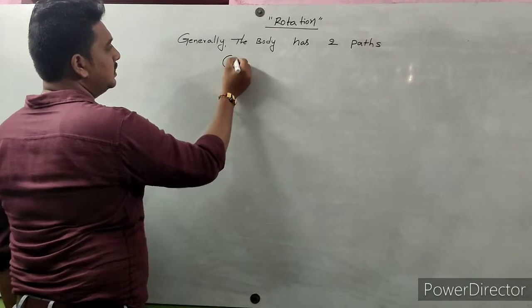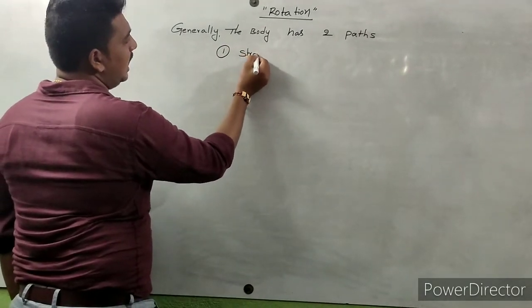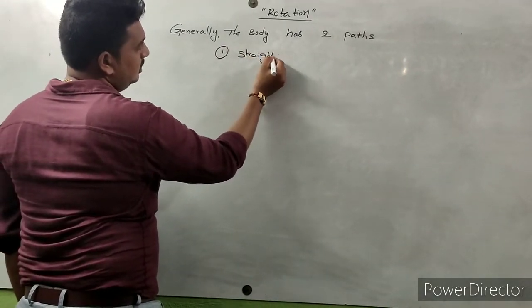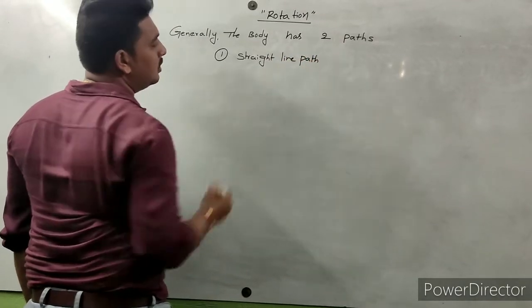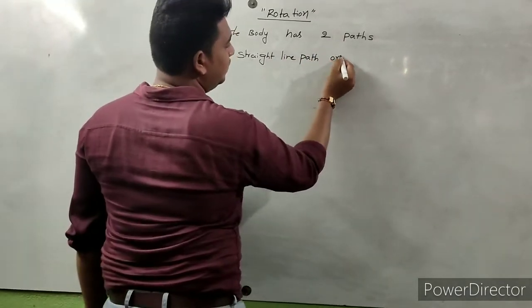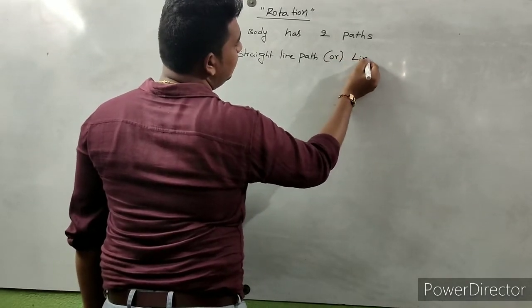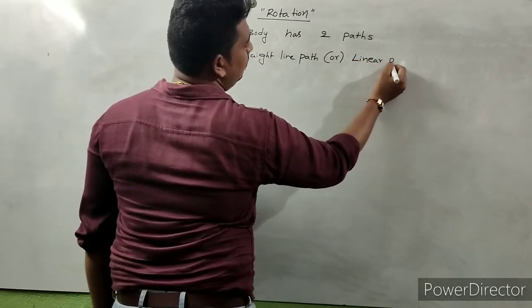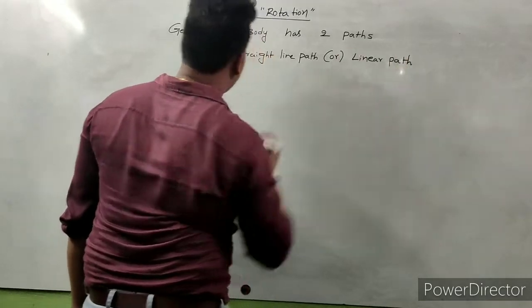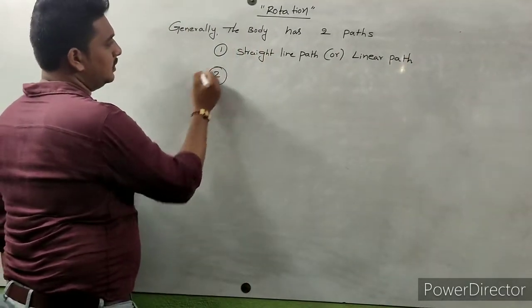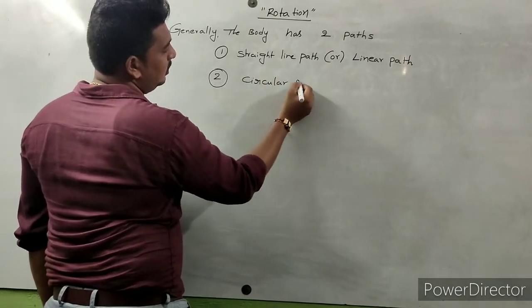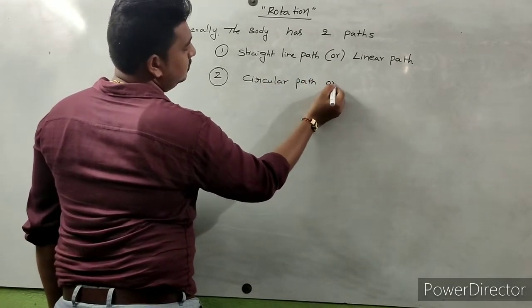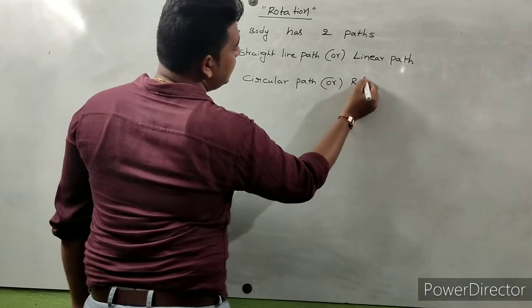One is a straight line path or linear path. The second one is a circular path or rotatory path.